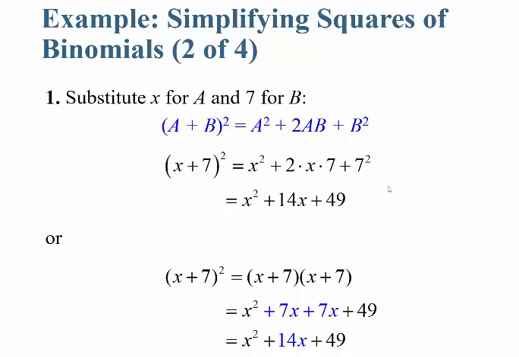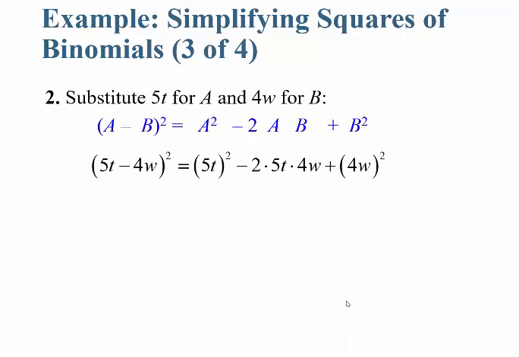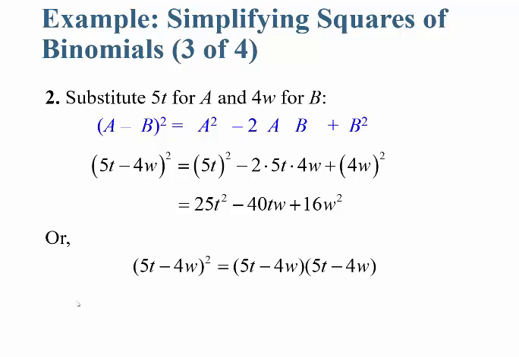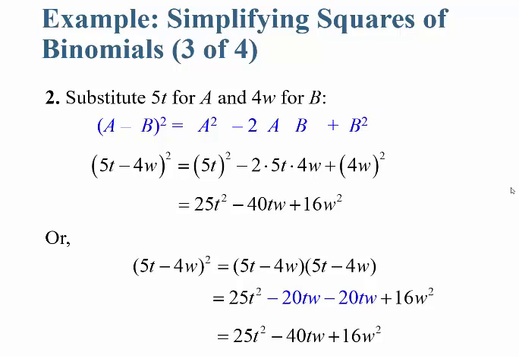You could do the same thing for the subtraction one here, just by plugging 5t in for a and 4w in for b, and you'll see it simplifies into that. Or you can do the same thing as I did before, recognize that this quantity squared is itself times itself, distribute, and you get the same thing again.